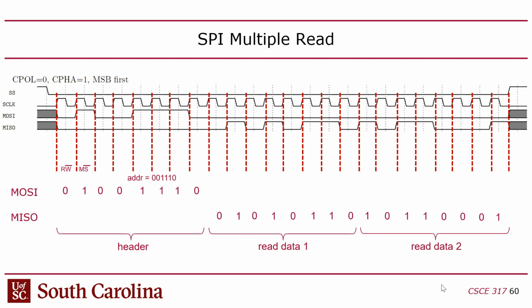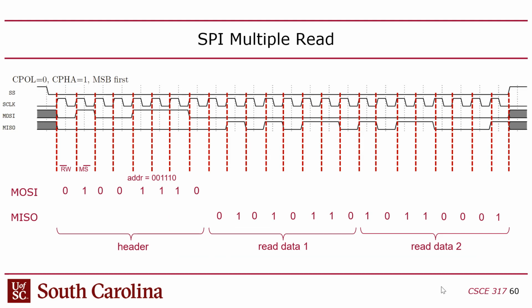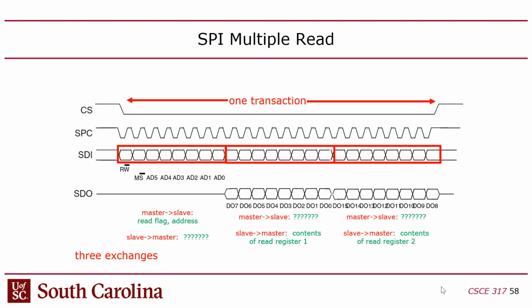No, actually, it's a read because we got data coming back. So that's actually a bug, huh? I think that bar is in the wrong spot. Yeah, there we go.